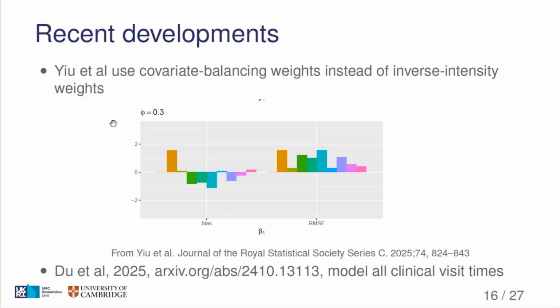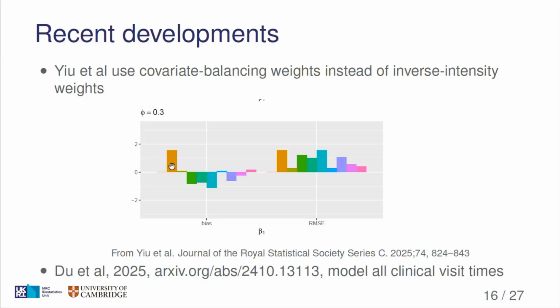I realize I haven't put a key here that says what all these bars on the graph are, but the essential idea is that this is again looking at bias in the estimated effect from the longitudinal model. The brown here is the bias from the plain linear mixed effects model that doesn't account for informative observation.